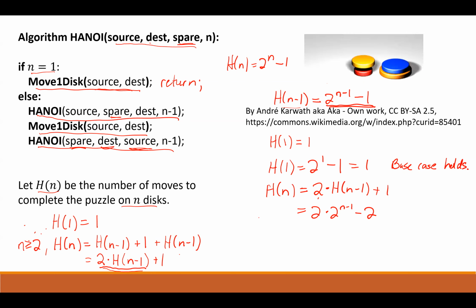Because this 2 gets multiplied by the minus 1, plus 1. So 2 times 2 to the n minus 1 is 2 to the n. This minus 2 and plus 1 equals minus 1. So I have shown that that's how many moves it takes to solve that problem.